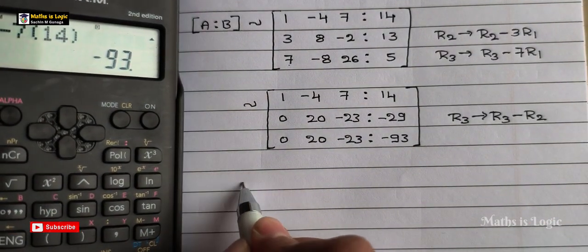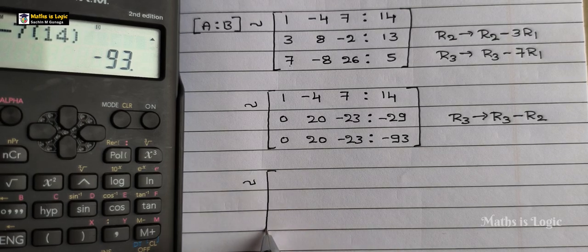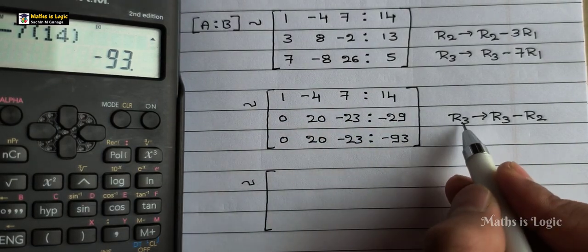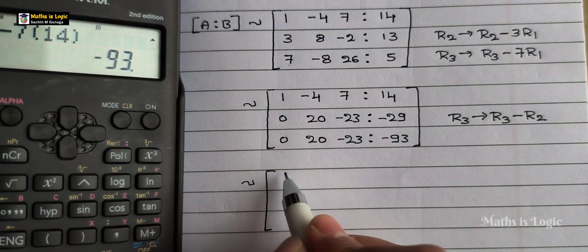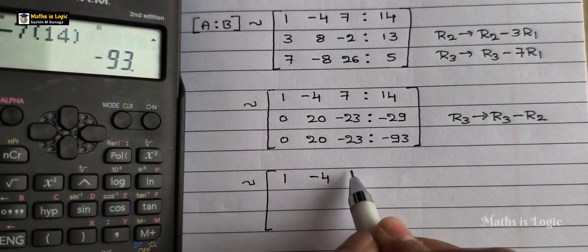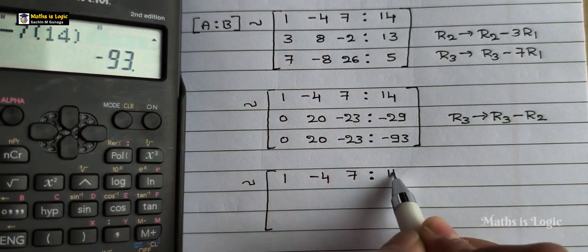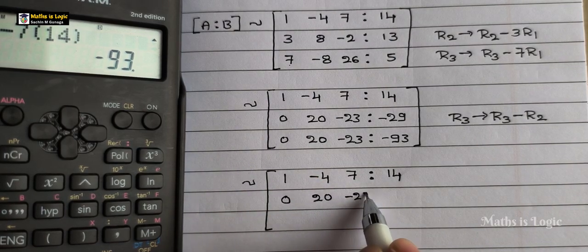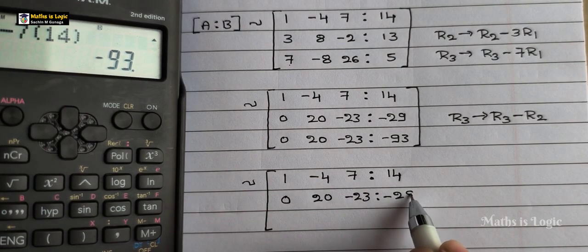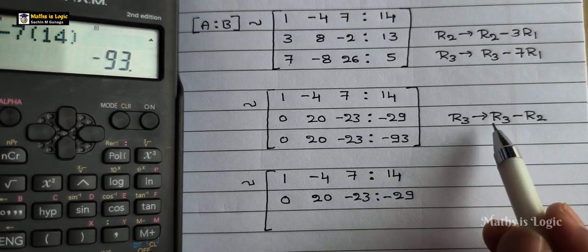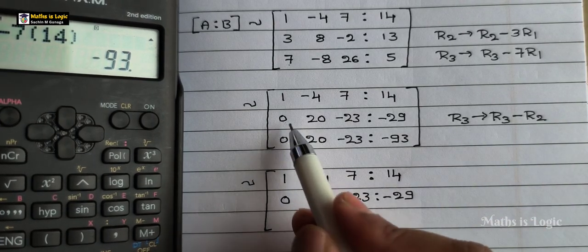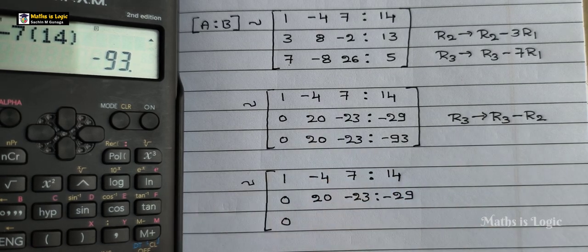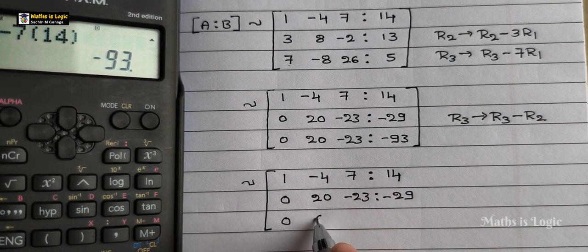That time write first row and second row as it is, because we are changing R3. 1 minus 4, 7, next 14, second 0, 20 minus 23 minus 29. Next R3 minus R2, 0 minus 0, 0. Next R3 20 minus 20, again 0.